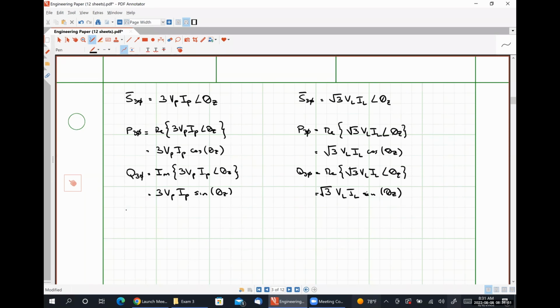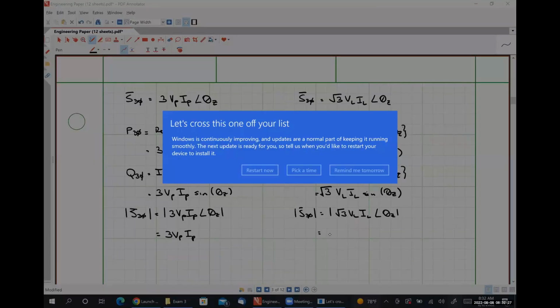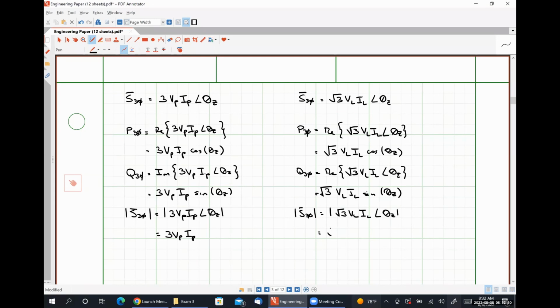and our apparent power is simply the magnitude of 3 Vp Ip angle theta z, which is 3 Vp Ip. Over here, our apparent power is the magnitude of root 3 VL IL angle theta z, which comes out to be root 3 VL IL.